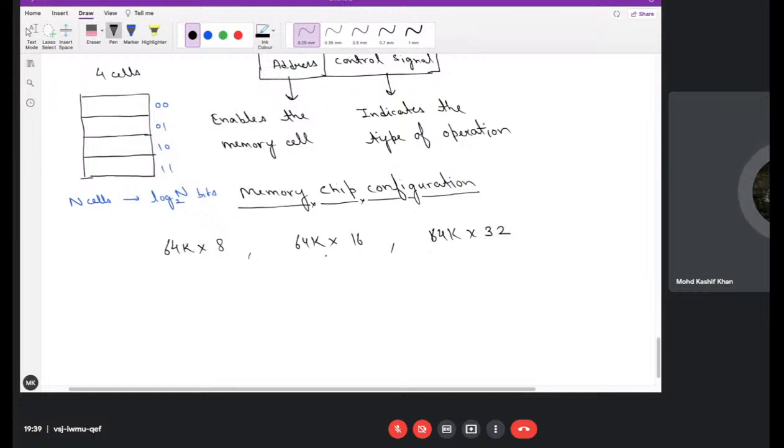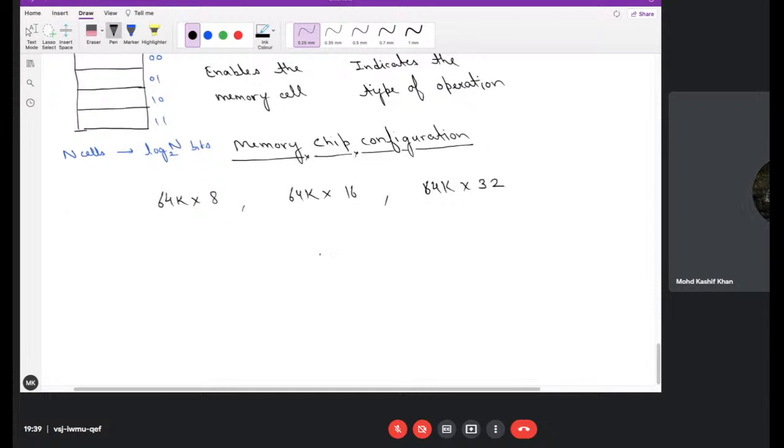This 64 can be anything, it can also be 32K or anything. I've just taken an example. So if we take this configuration, now we'll try to understand what it means.